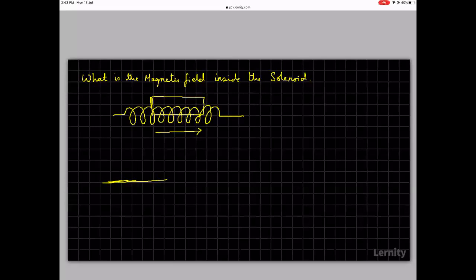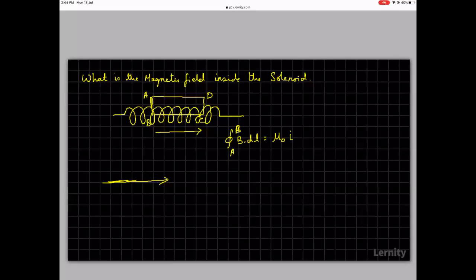So I am looking at that magnetic field. Okay, so A, B, C, D. So the integral of B dot dl is equal to mu naught into I.